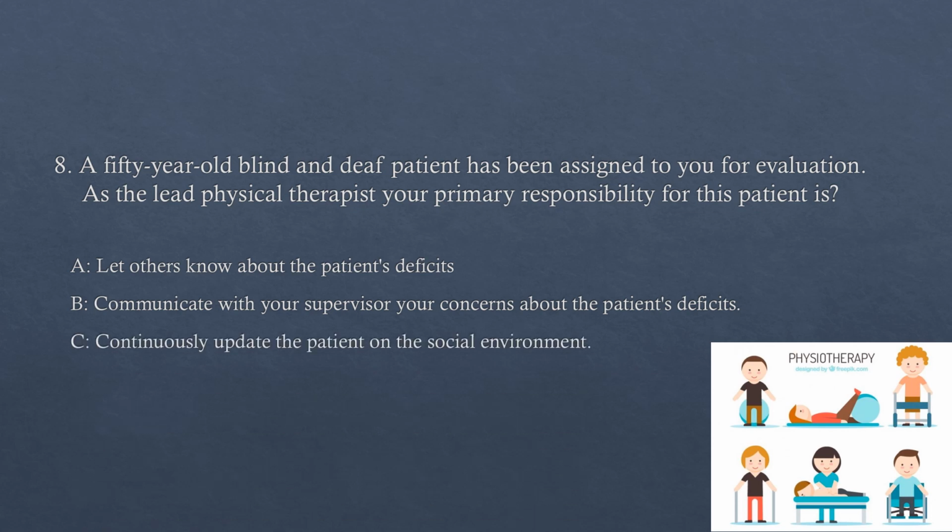C. Continuously update the patient on the social environment. Or D. Provide a secure environment for the patient. And the answer is D. Provide a secure environment for the patient. Let's go to the next question.